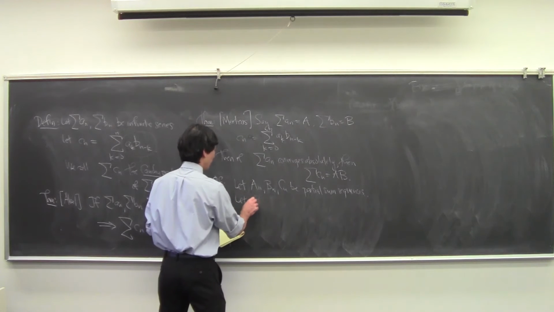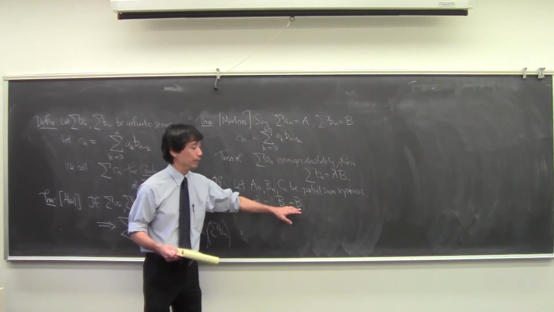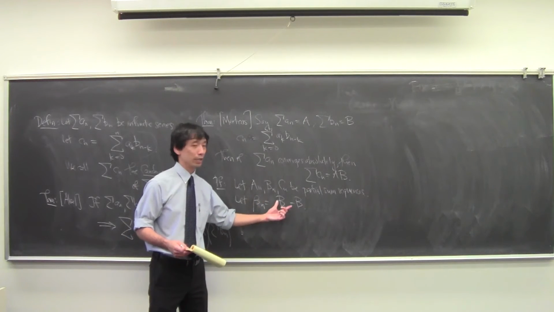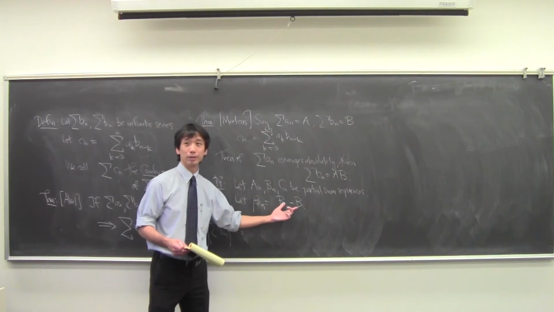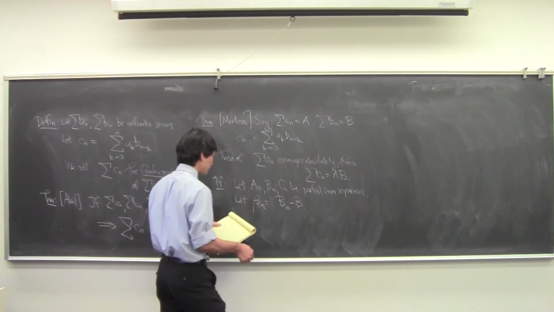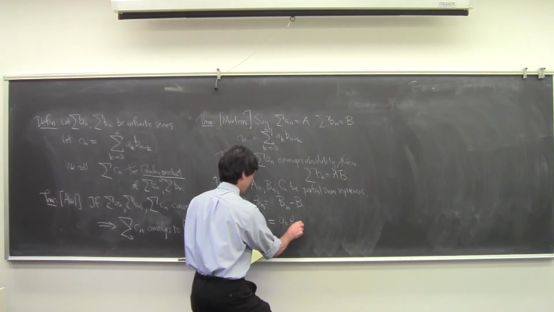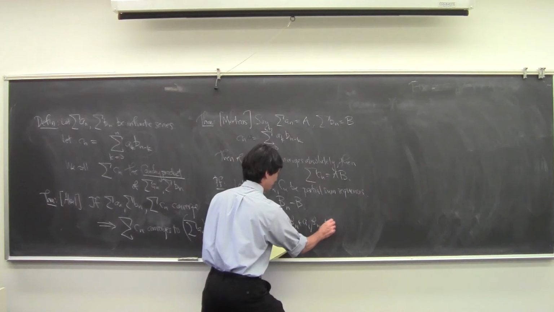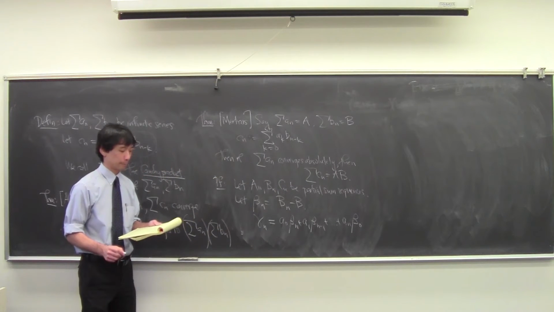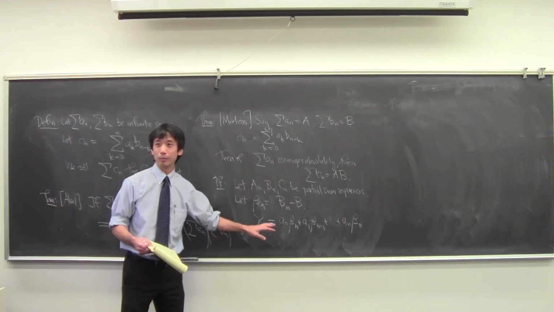Let beta sub n be the difference between the partial sums and their limit for B. So the B sub n are going to converge to B. The beta sub n is the error, how far off you are from B. And then we introduce this other term, gamma sub n, and that is A naught beta sub n plus A1 beta sub n minus 1, and so on, plus A sub n beta naught. And that term should be kind of mysterious. Like, what is this term?